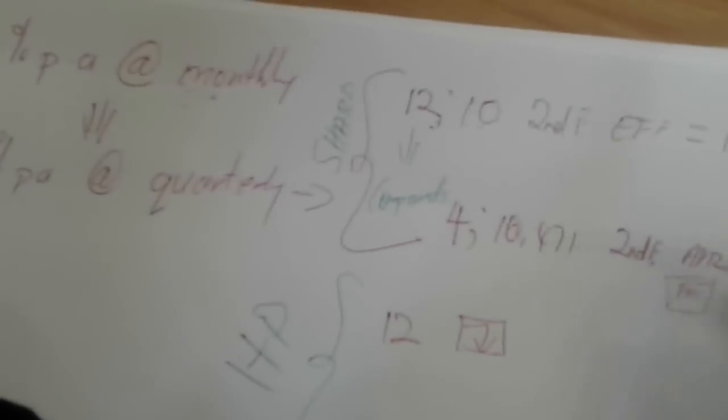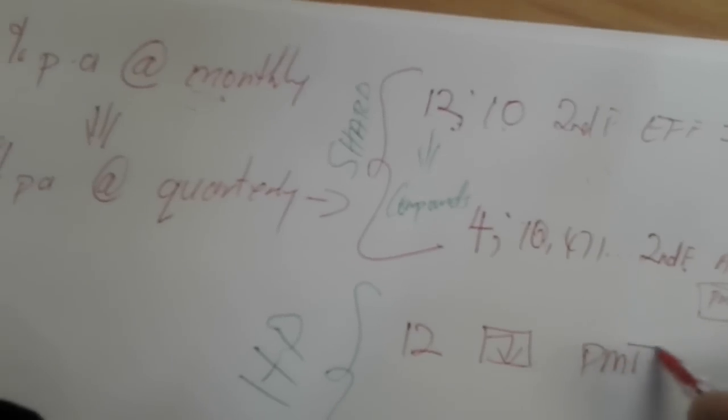So this one is for Sharp. Now let's use one for HP. So you are going to say first of all 12, shift, then PMT or per year, right?